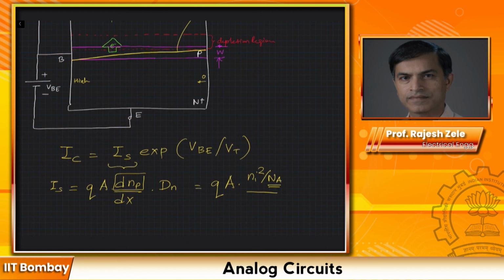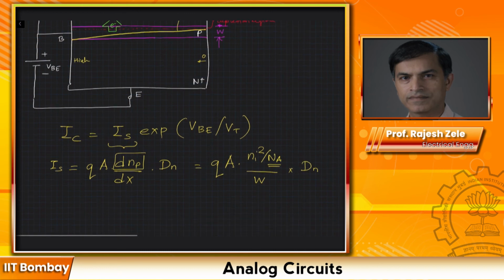You will have a slope, or a concentration gradient, in the base region going from Ni squared divided by NA to 0 over the width W. So that's our slope of the curve. Multiply that by the diffusivity, or diffusion constant, of electrons in the base region.